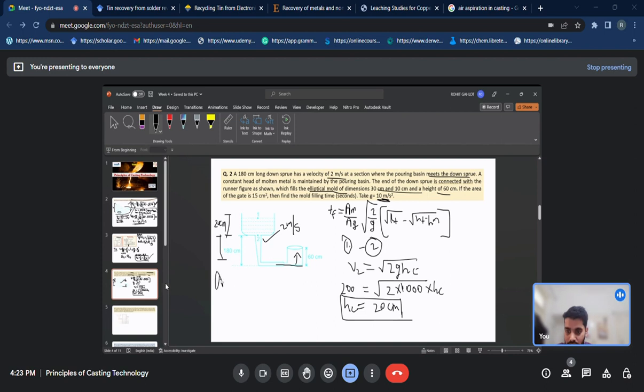The area of an ellipse is given as pi times A into B. If this is the elliptical mold, then this is its A and this one is its B. These dimensions are given as 30 and 10 centimeter, and its height has already been given. Okay, let me clear this.